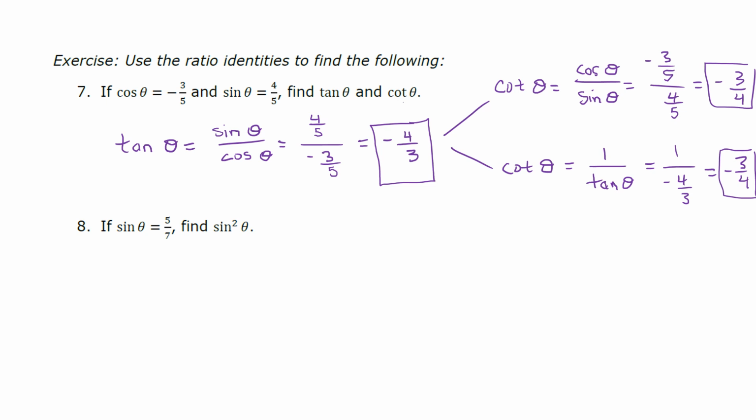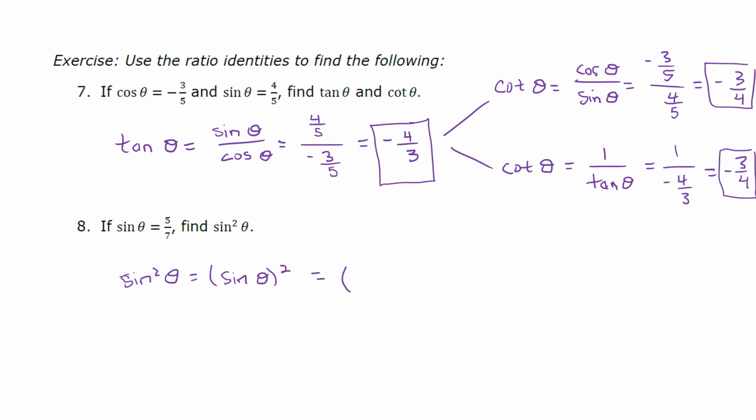If sine theta equals 5/7, find sine squared theta. Well, sine squared theta is the same thing as sine theta squared. They mean the same thing. Both of these expressions are equivalent.